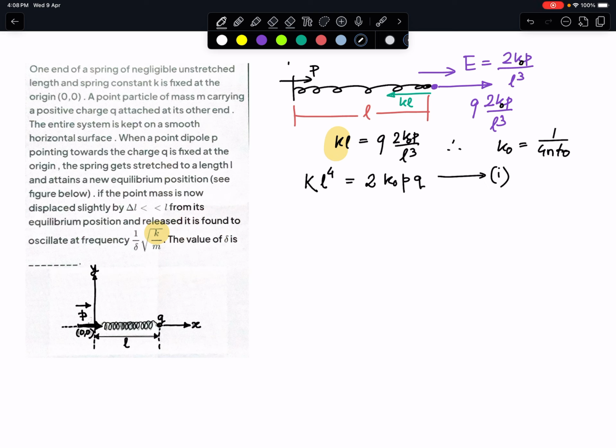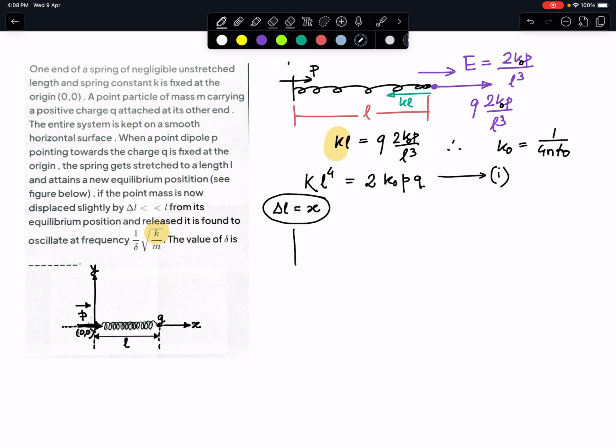Now, if this point mass is now displaced by delta L and released, I take delta L equal to X. We are more used to that actually.